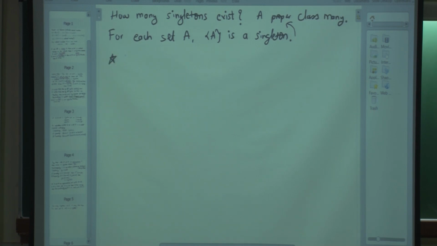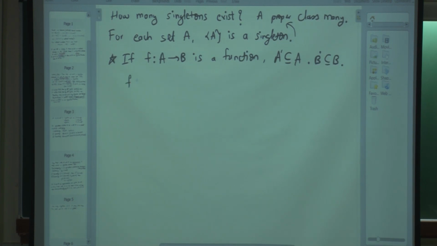So, if f is a function, A prime is a subset of A and B prime is a subset of B, then what is f of A prime? Tell me. Come on, all of you know this.